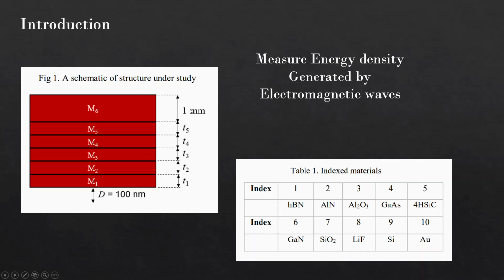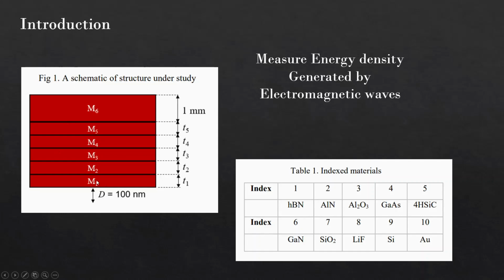We have 11 input features. 5 of them are continuous features, the thicknesses of the layers, T1 to T5. The thicknesses can vary from 10 to 500 nanometers, and they are randomly selected.